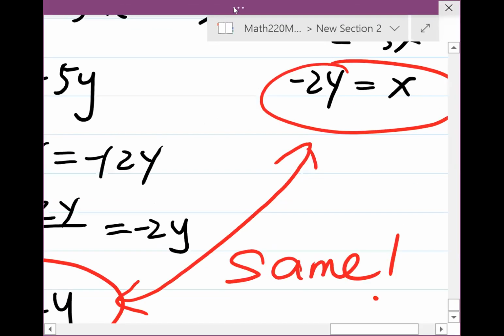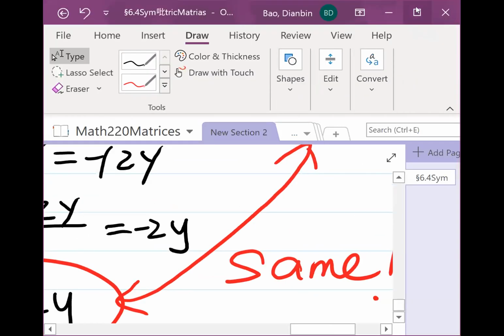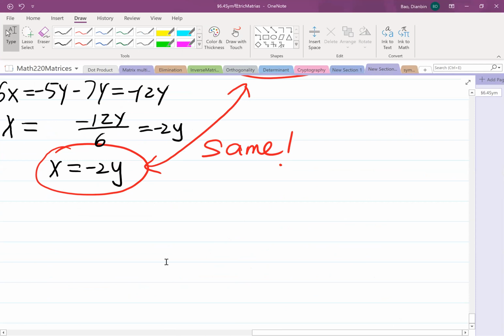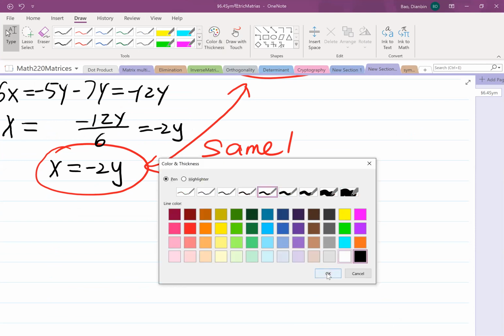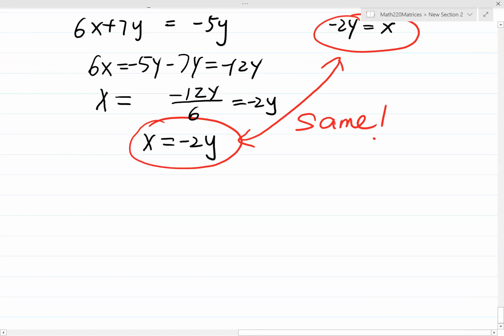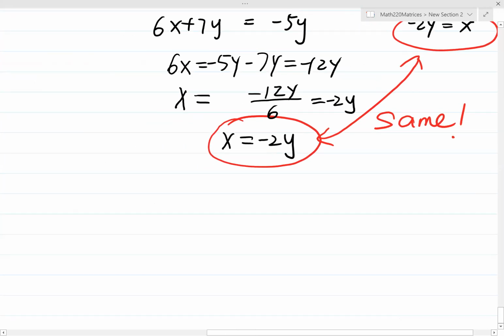Then we can choose an eigenvector. The eigenvector should be (x, y). Now x is negative 2y, so it's (negative 2y, y).